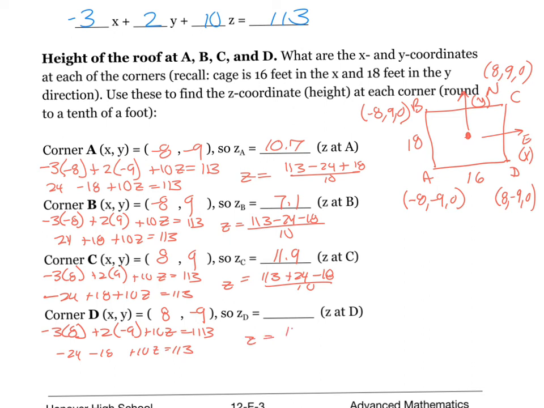Z equals (113 plus 24 plus 18) over 10, which is 15.5. All right, now does this make sense?